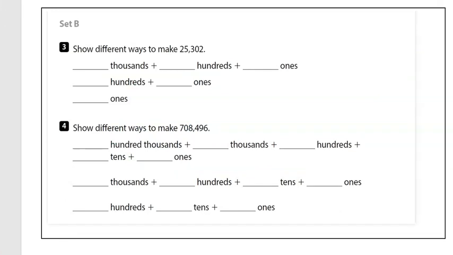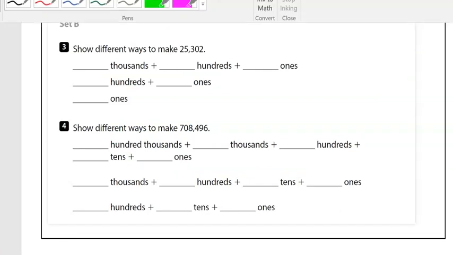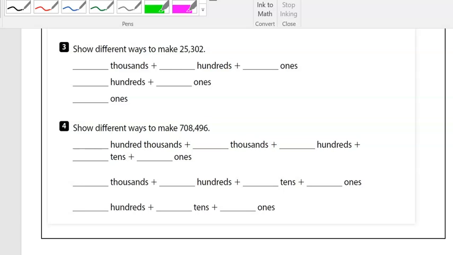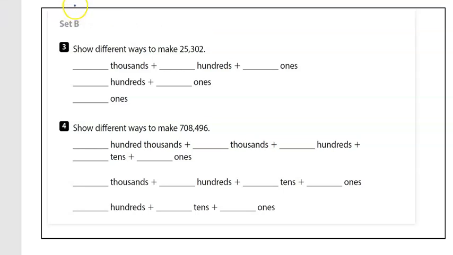Okay, for numbers 3 and 4 and 5, they are going to be testing or looking at similar things. So it says show different ways to make the number, and let's read it, 25,302. So here are the three ways: an A, and a B, and a C. I'm going to go to my place value chart and show you what they're talking about, because you'll notice the first one, they leave out the 10,000s place.